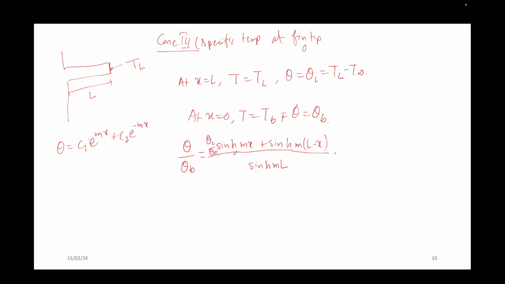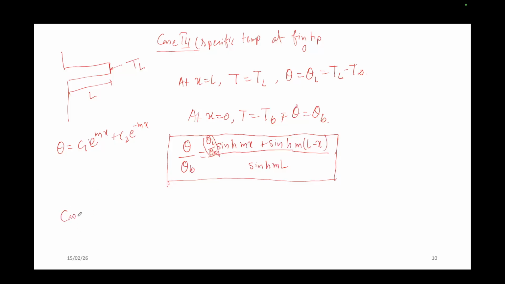Now it is correct. Please remember only this equation, because the Q equation you can remember if you want, but this is the main important equation, for a specific temperature at a fin tip. Okay.